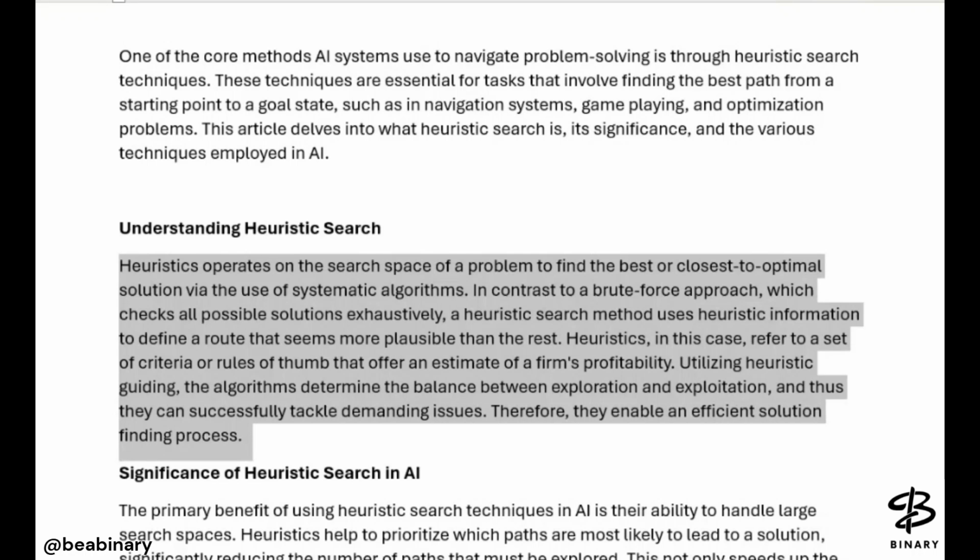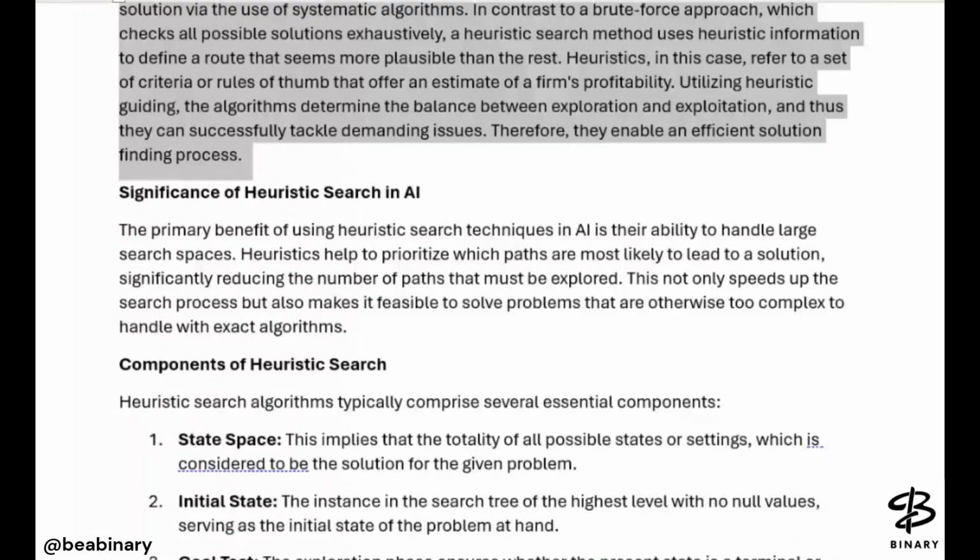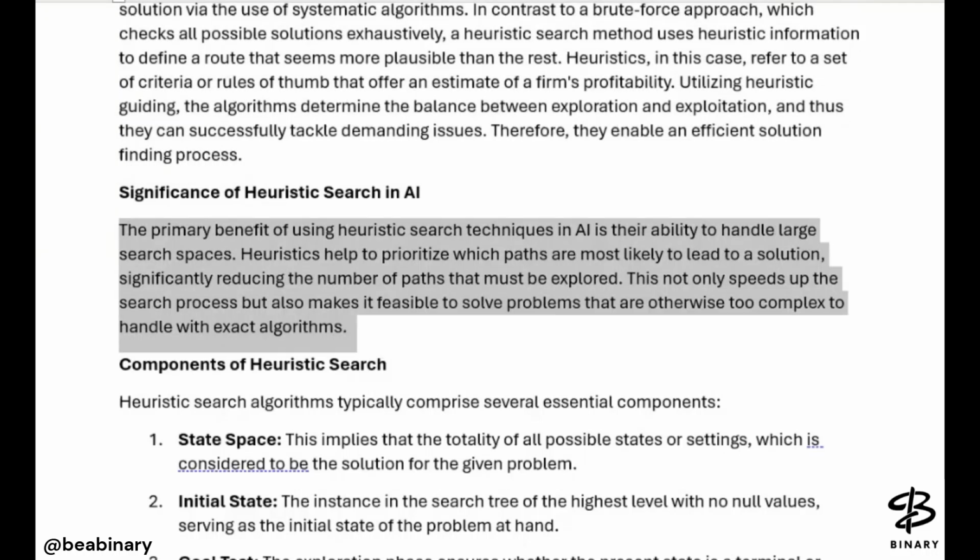And what is the significance of a heuristic search in AI? Why are we using it? The primary benefit of using a heuristic search technique in AI is its ability to handle large search spaces when there is a large number of possibilities. So in that case, it is useful for large search spaces, and heuristics help to prioritize which paths are most likely to lead to a solution.